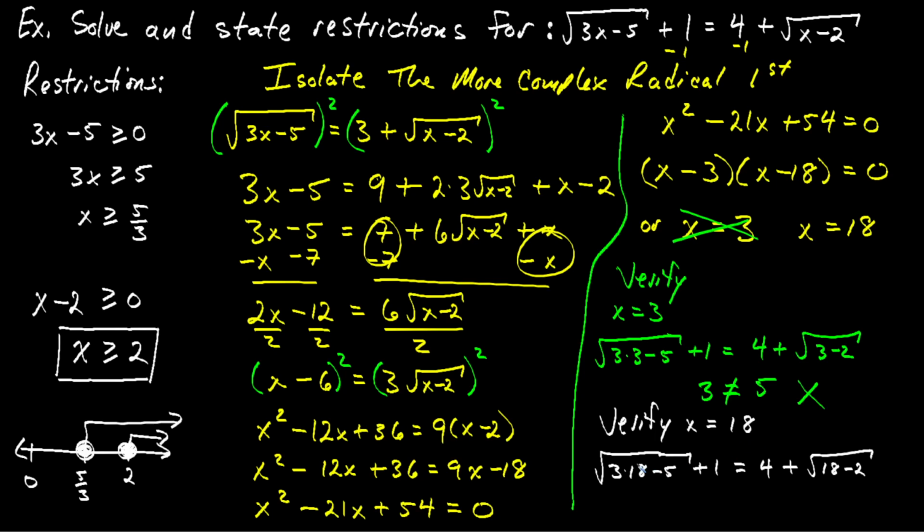So 3 times 18 minus 5. 3 times 18, that's 54. 54 minus 5 is 49. So square root of 49 is 7, plus 1 is 8. On this side, 18 minus 2 is 16, the square root of 16 is 4, and 4 plus 4 is 8. So there is, ladies and gentlemen, your solution.